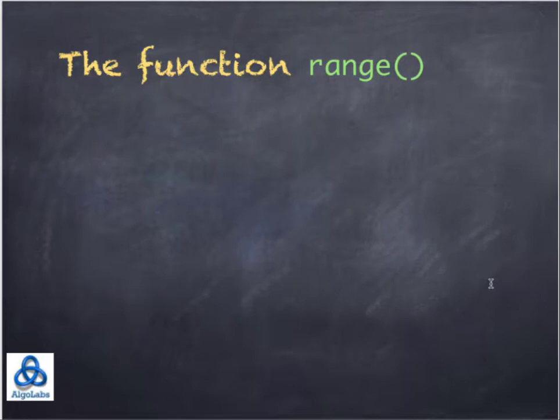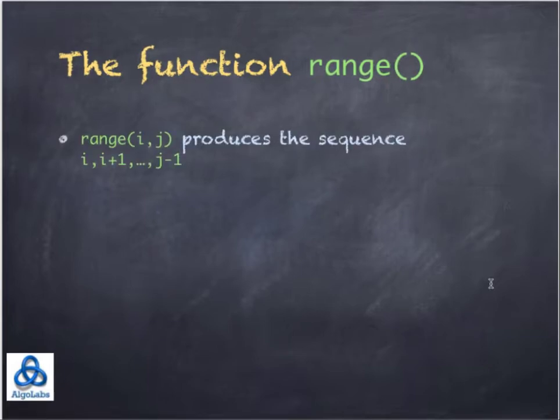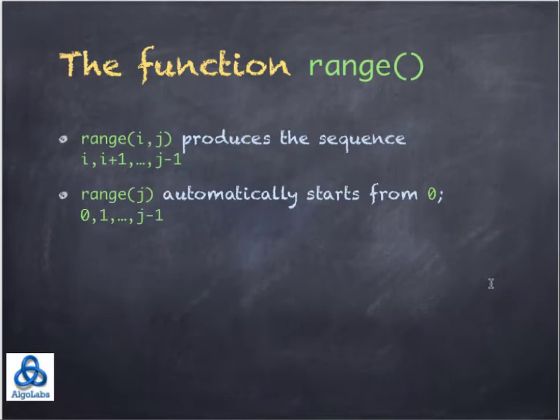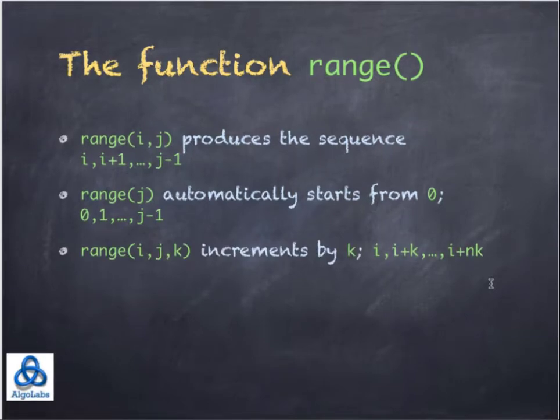One important function that we need, which generalizes what we use when we have slices in a list or a string, is the function range. So range(i, j) produces a sequence of values from i to j minus 1. Again, if we don't give the first position, it automatically starts from 0. So if we just want the sequence from 0 to j minus 1, range(j) is the same as range(0, j).